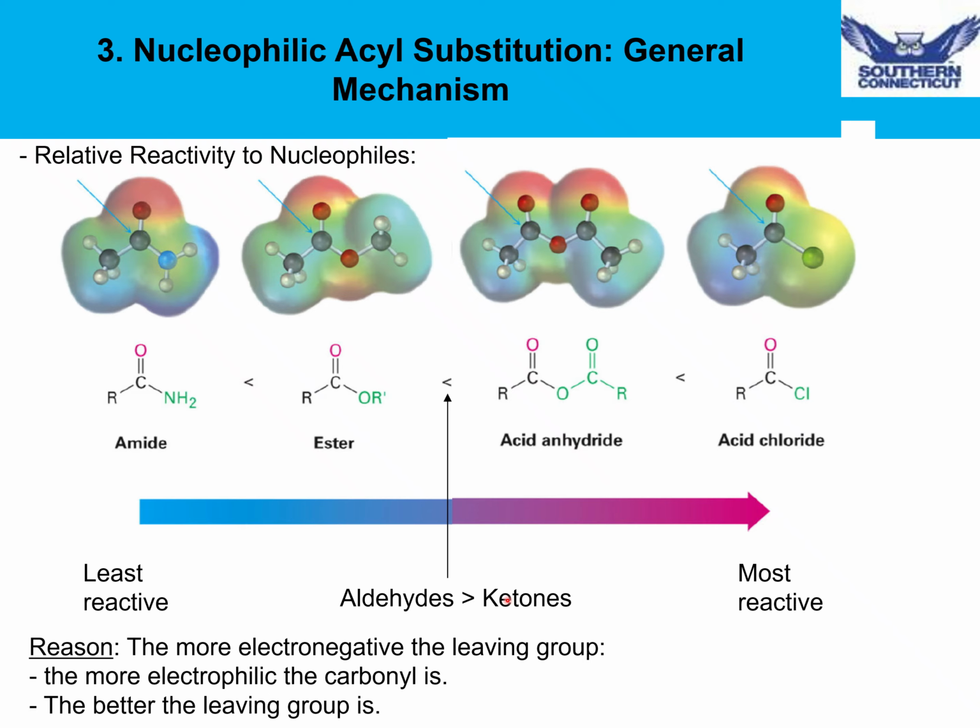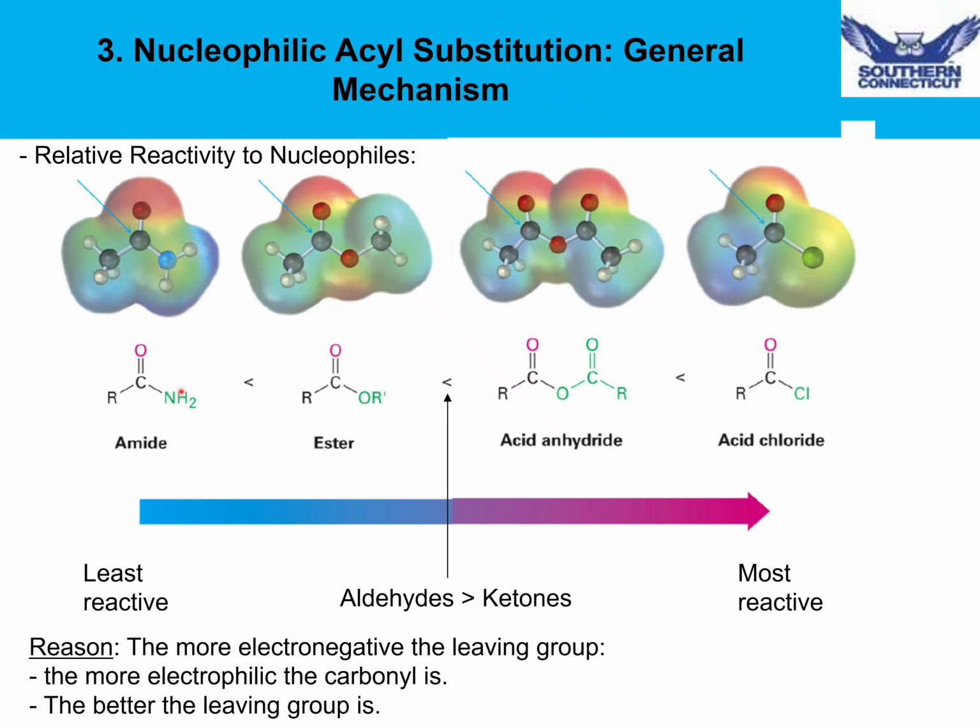But as far as reactivity towards nucleophiles, aldehydes and ketones are somewhere in here. They're not as reactive as an acid anhydride, but they're more reactive than esters. And between aldehydes and ketones, aldehydes are generally more reactive than ketones.